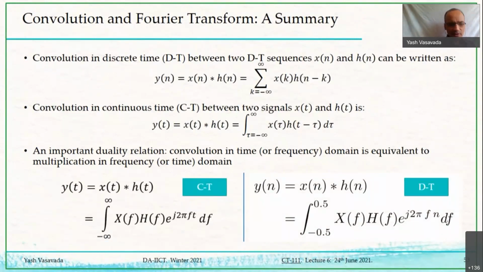So this is how it happens in continuous time, and this is how it happens in discrete time. Now, one thing I want you to notice very clearly is that in continuous time, the limit of the integration is minus infinity to infinity, whereas in discrete time, the limits are minus 0.5 to 0.5.